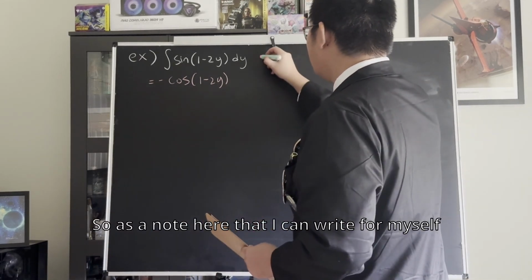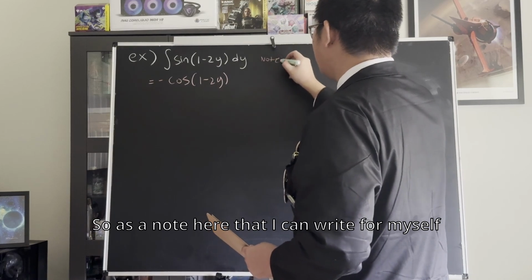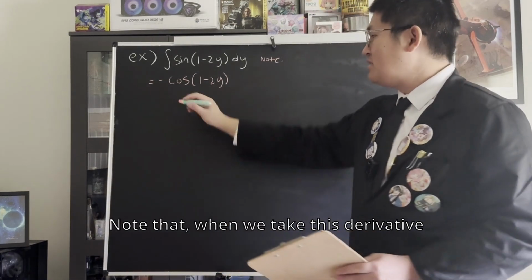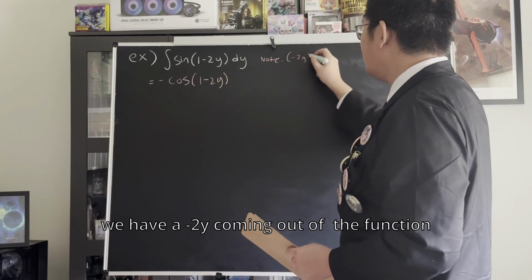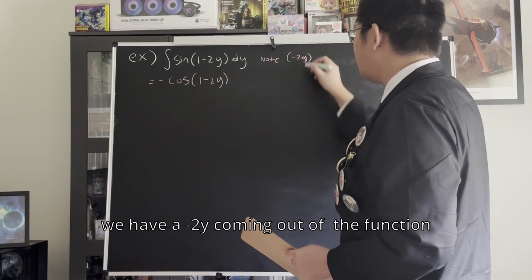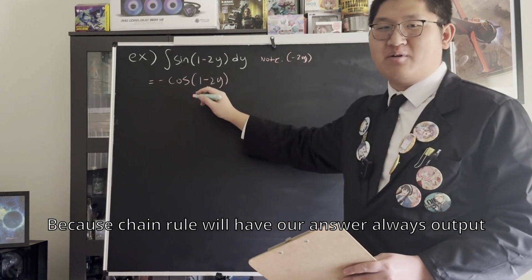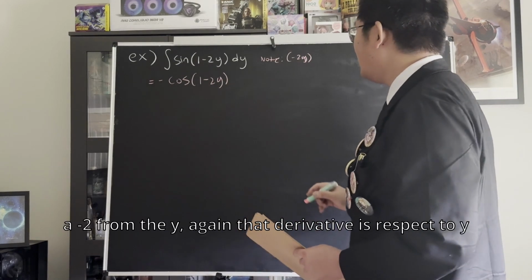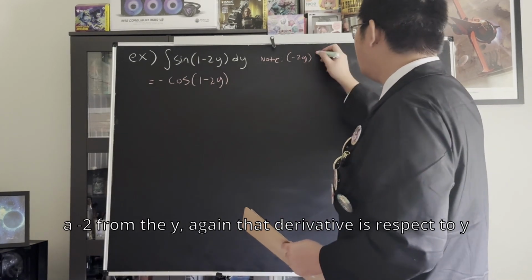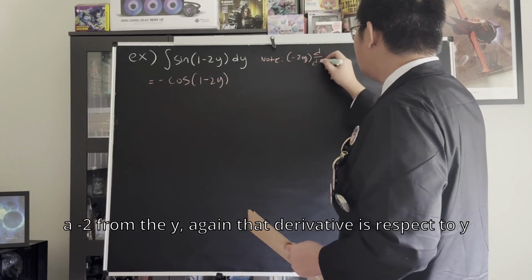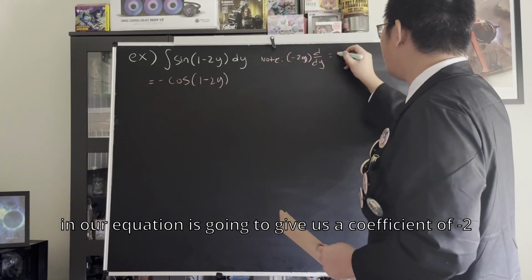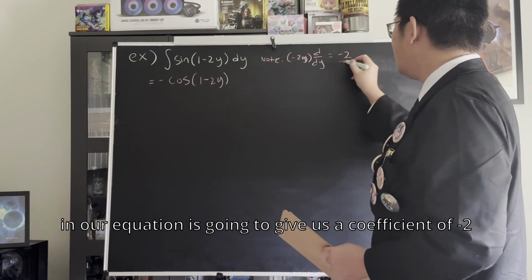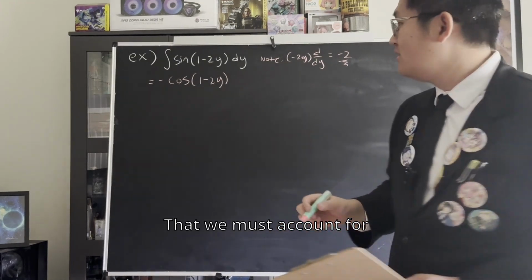So as a note here that I can write for myself, note that when we take this derivative, we have a negative 2 coming out of the function, because chain rule will have our answer always output a negative 2 from the y. Again, that derivative with respect to y in our equation is going to give us a coefficient of negative 2 that we must account for.